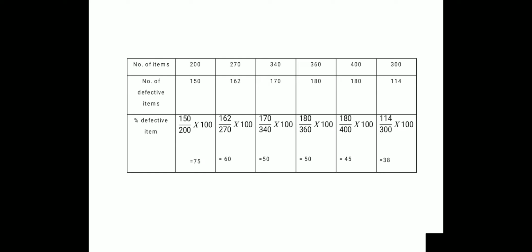Among 200 items, 150 items are defective, that is 150 divided by 200 into 100. That will give us the percentage of defective items in the given size group. The same calculation has to be followed for the different size group columns, and we will arrive at the percentage of defective items of all the size groups. Now these percentage defective items will be considered as one of the variables for the calculation of correlation.